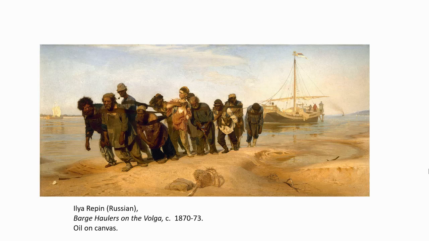Now, I wanted to shift because those two images are coming from France, and most of your reading was really focused in on France when it came to realism. And I want to shift over to Russia because these are two very different ways of depicting images in this realism movement.